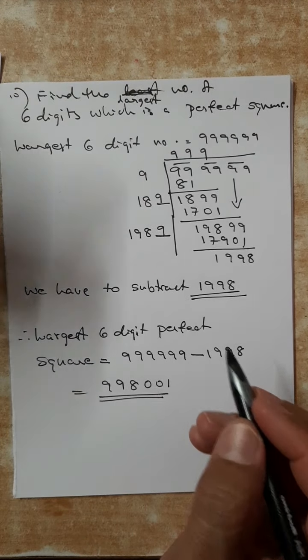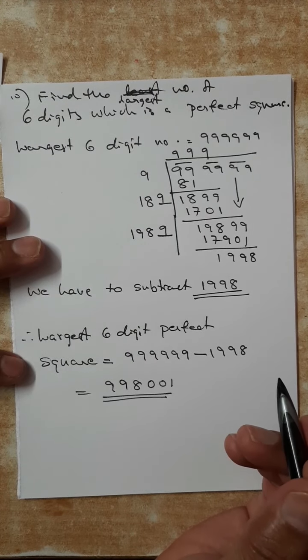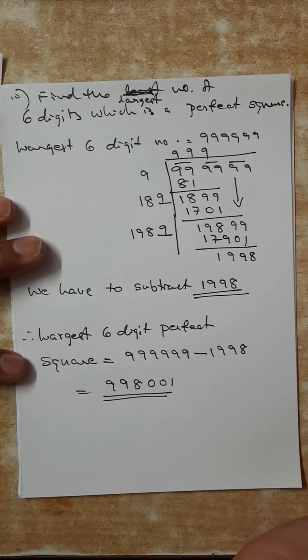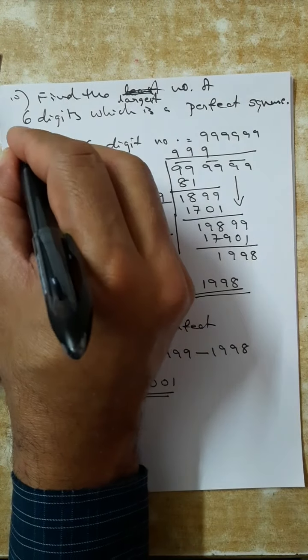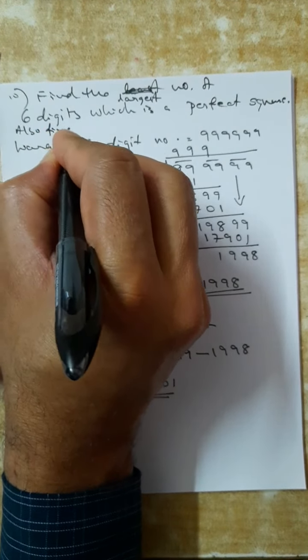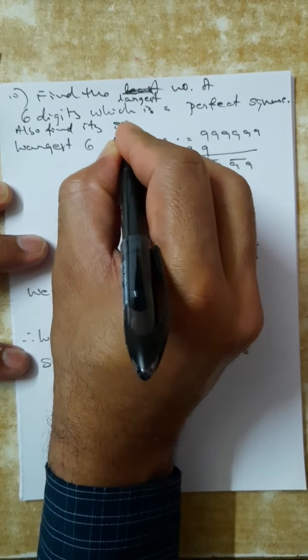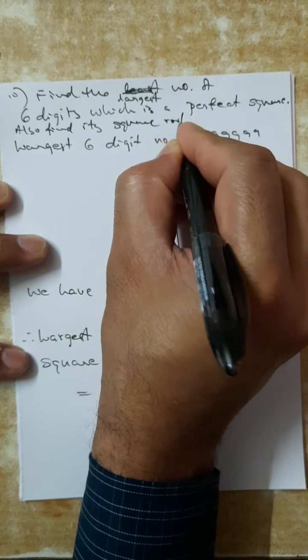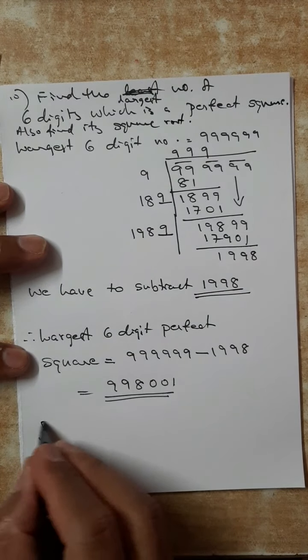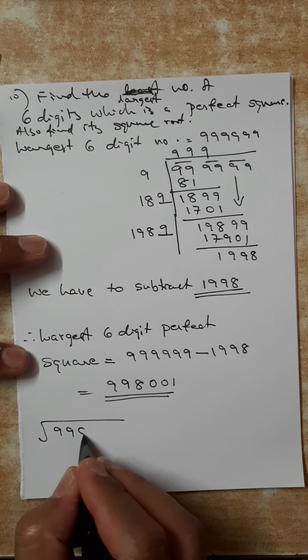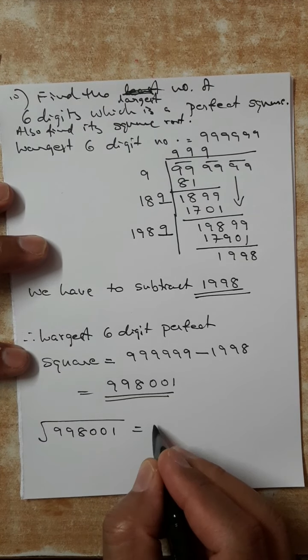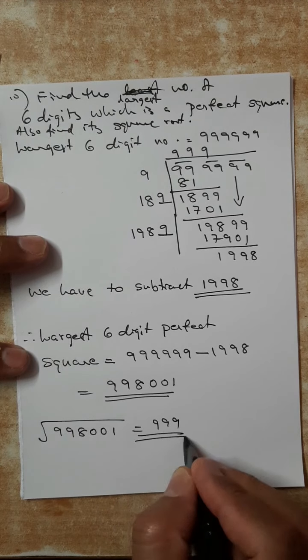If they are also asking to find the square root, what can we write? I will write also find its square root. Nothing to do, we can simply write the square root, already ready, equal to 999.